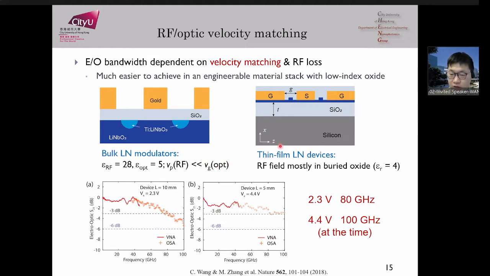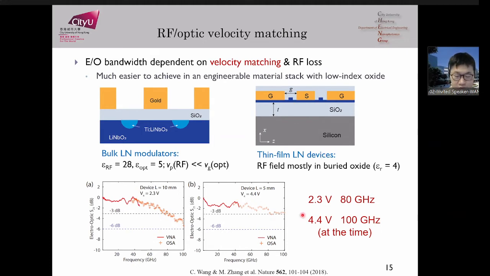But in thin film, the nice thing is that you have many materials as a stack, and so you can engineer this stack, and also you have a low index oxide, which has a much closer index compared to the optical index of lithium niobate. So that means it's much easier to achieve velocity matching here, and we were able to demonstrate.